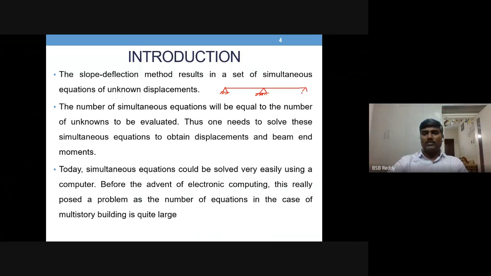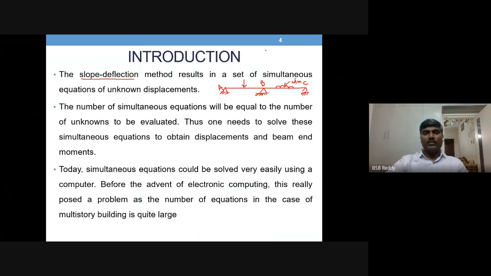If you are asked to solve this beam by the slope deflection method, just recall what we have done. Some loads are acting on this, so this is a continuous beam given to you to solve by the slope deflection method.